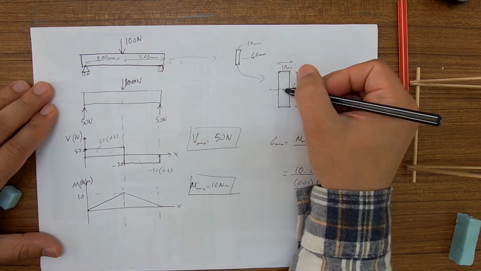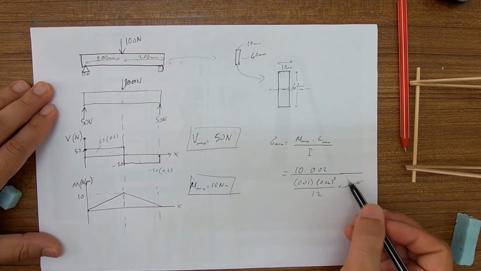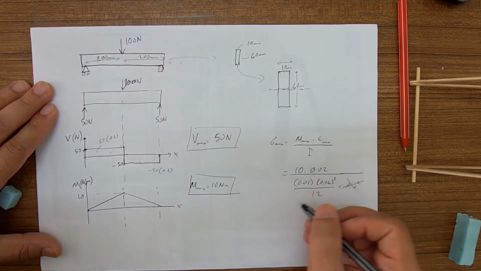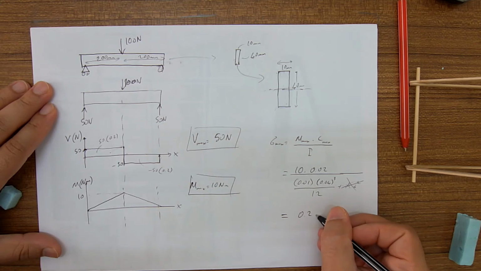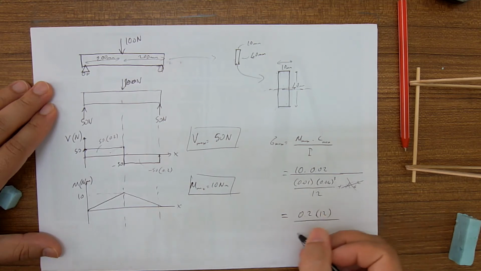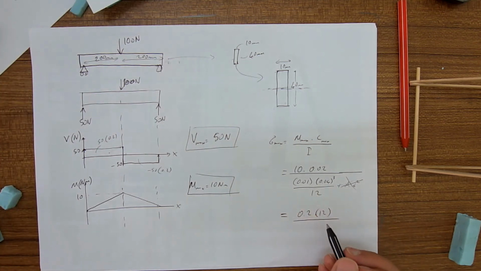Therefore the centroid and the neutral axis of the section is at the same point, therefore D is 0, so this term is cancelled. Okay, let's calculate it. 0.2 times 12 divided by, let me calculate it using my calculator.